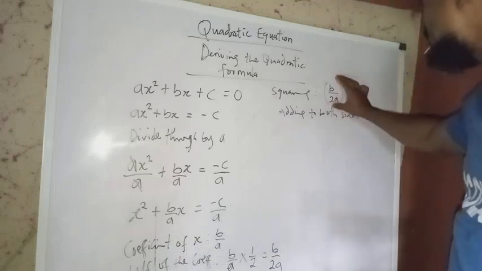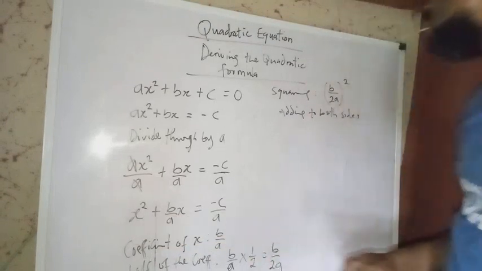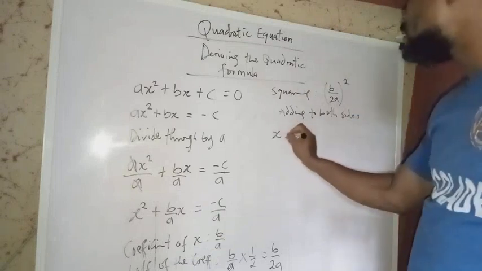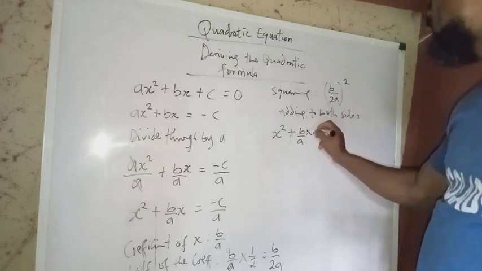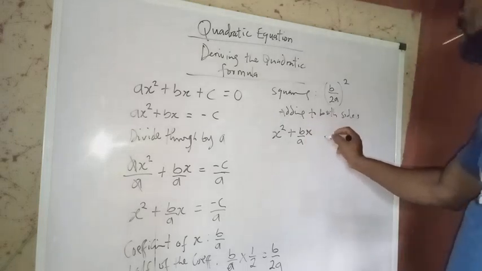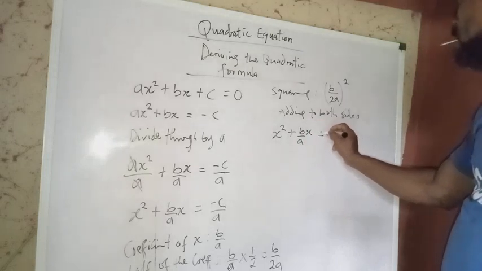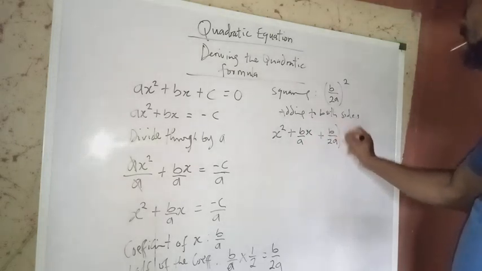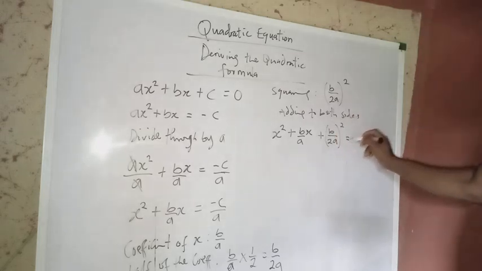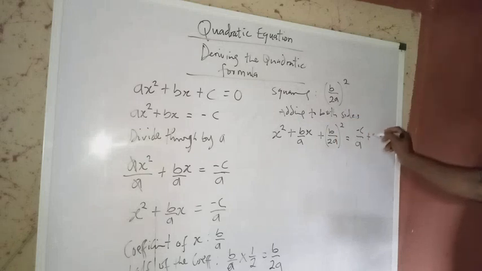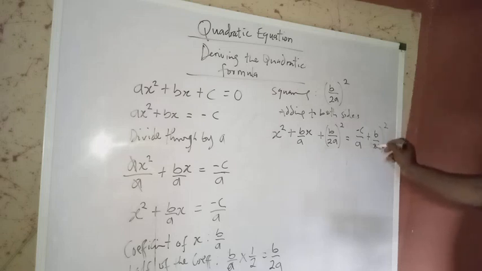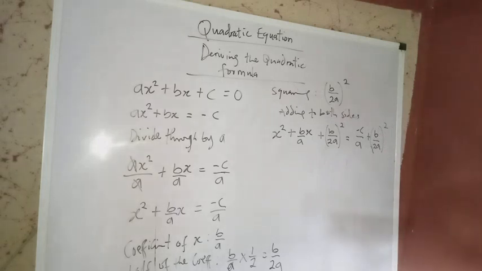So our final output now, after adding to both sides, is x squared plus b over a x, or bx over a, whichever way I put it, plus b over 2a all squared, equals minus c over a plus b over 2a all squared. So this is what we have.